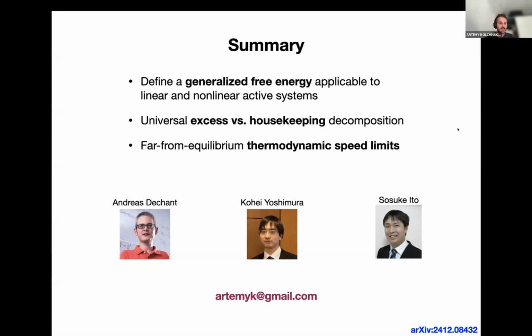Great question. For regular, well-behaved Langevin systems, we can show that our decomposition reduces to a decomposition proposed many years ago by Christian Maes and Karel Netočný. But actually, there is a very general way to write the decomposition as a variational problem of relative entropy.